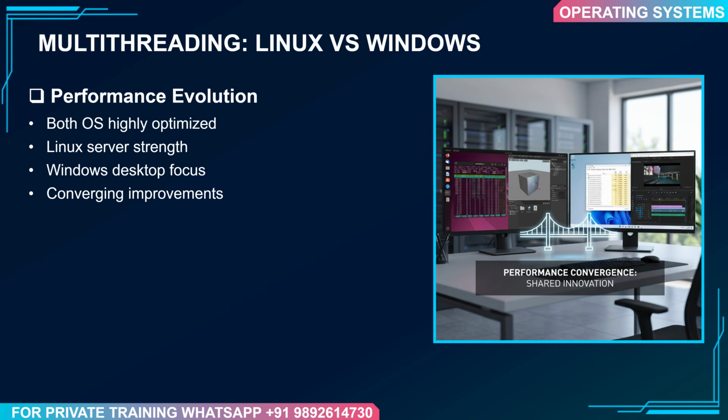From a performance perspective, both Linux and Windows are highly optimized for multi-threading today. In earlier years, Linux had an edge in server workloads, while Windows focused more on desktop responsiveness. Over time, both systems have borrowed ideas from each other. Modern Windows Server editions handle large numbers of threads very efficiently, and modern Linux desktops are highly responsive. So, which one is better?